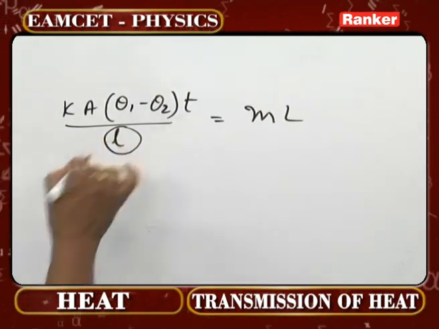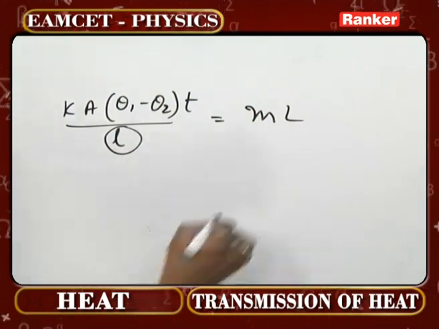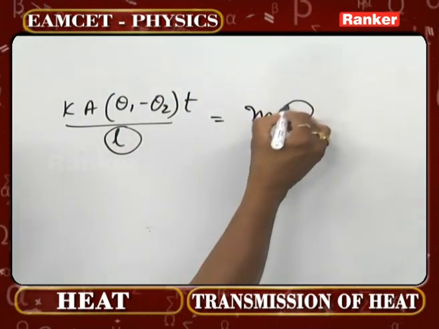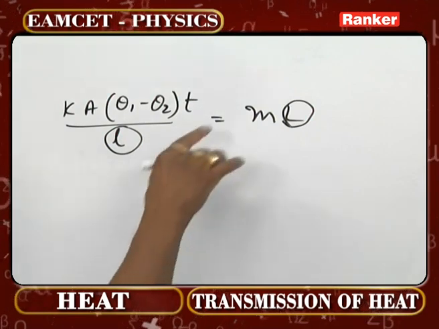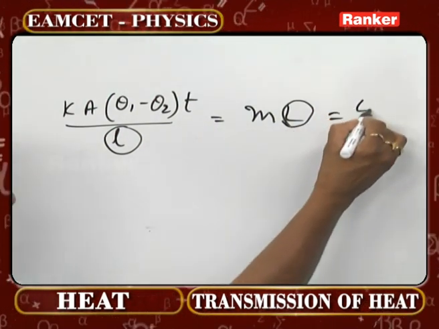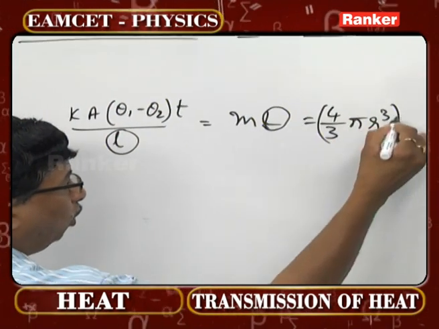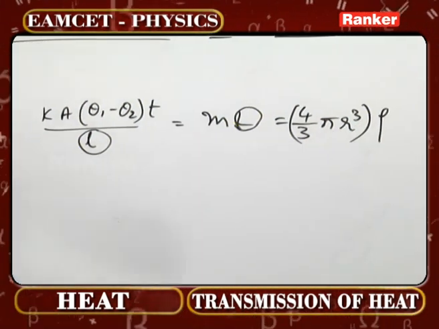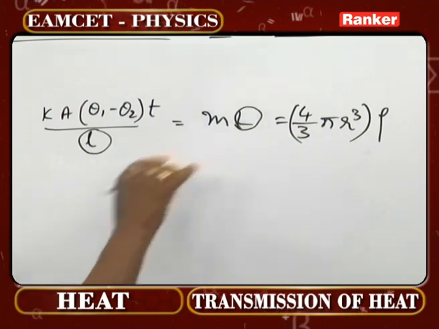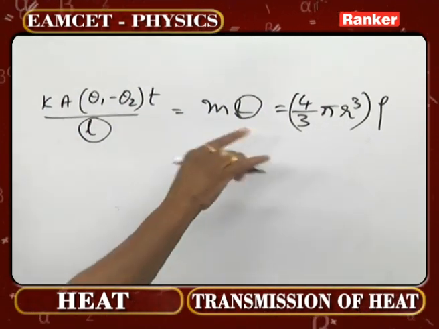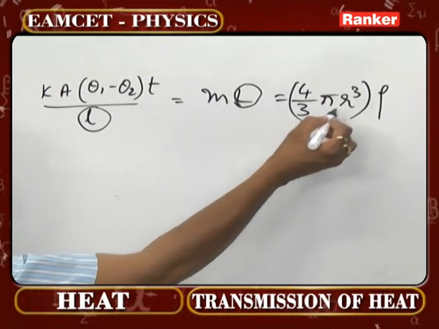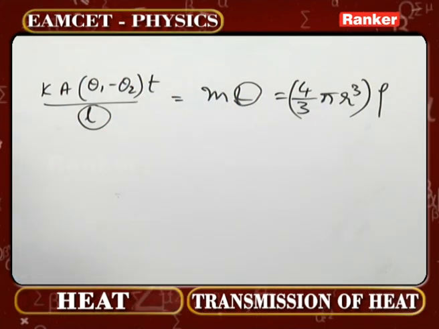Therefore, no need to take this L into consideration. And anyhow this L is constant, that is the latent heat we know. But how to write this M now? 4 by 3 pi r cube into rho I can write. You know this very well: 4 by 3 pi r cube is the volume, and volume into density is going to be the mass.